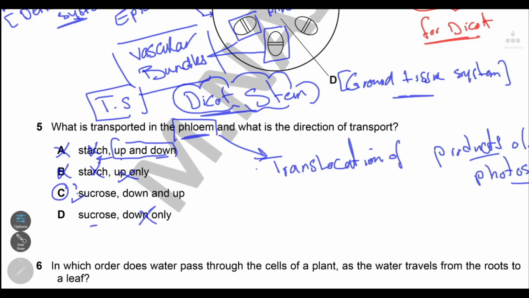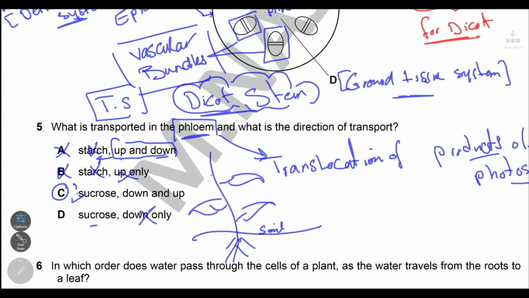If we have a plant like this, this is the surface of the soil, and this is the roots, and here we have the leaf. The leaves make the food, so the food moves up and down.